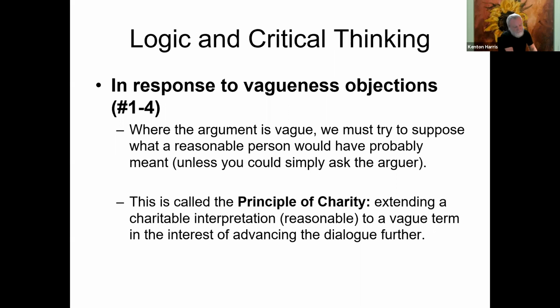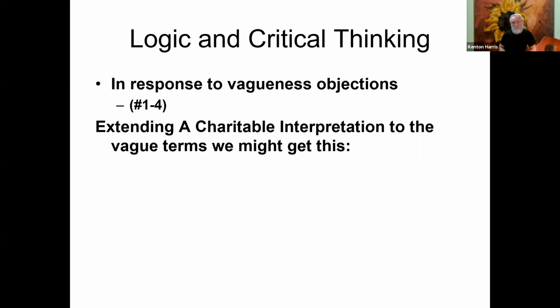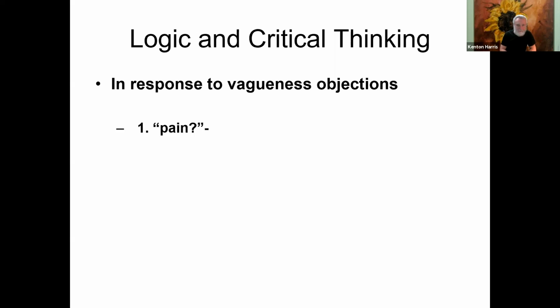This is called extending the principle of charity, right? What would a reasonable, intelligent person probably have meant? So you extend to them a charitable interpretation of their premise. So extending a charitable interpretation to a vague term, we might get something like this.